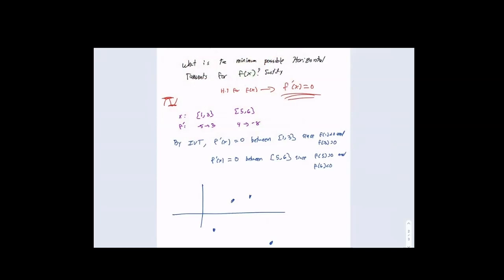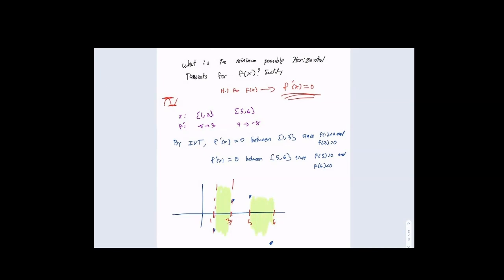This has nothing to do with the slope on this one. IVT is just outputs. Somewhere along the interval 1 to 3, and somewhere along the interval 5 to 6, you're going to have to cross the x-axis to get from the bottom to the top.